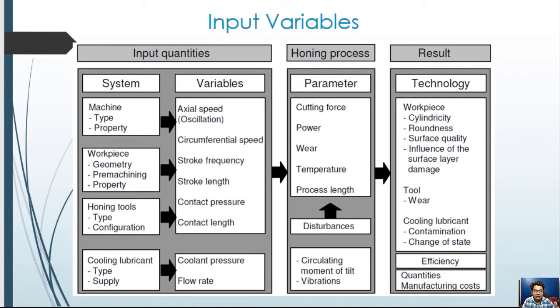If the kinematics is given, the mechanics of the machining is determined by the process variables like the contact pressure, and pressure and quantity of the cooling lubricant, and the results as described earlier may be assessed on the basis of the different parameters listed over here.